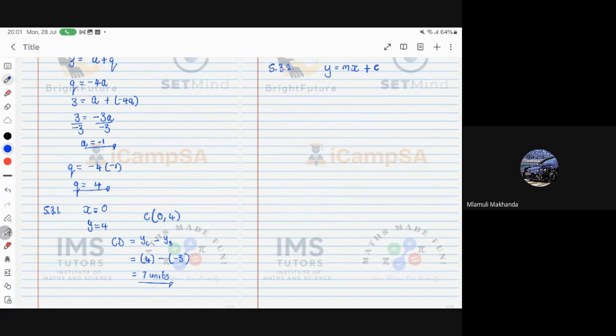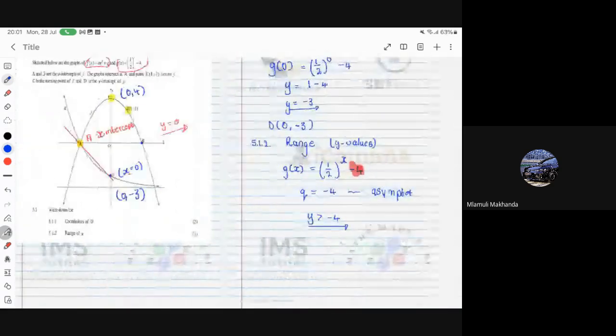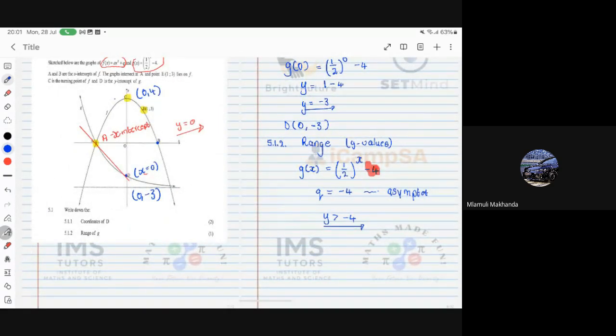And remember, I said if we want to find a gradient, we can use this formula, y2 minus y1 over x2 minus x1. So we do have 2 coordinates there, coordinates A and coordinates D.